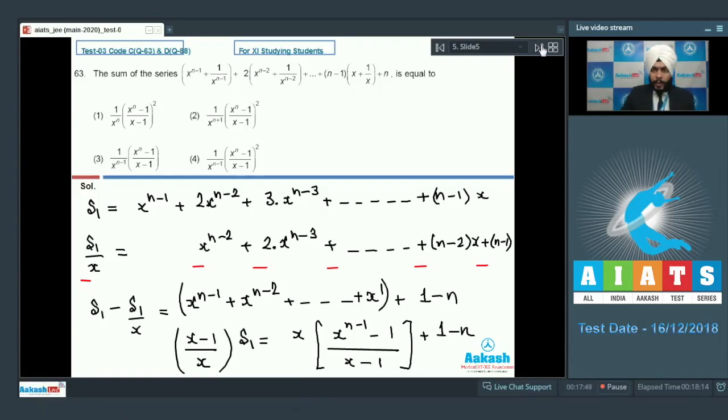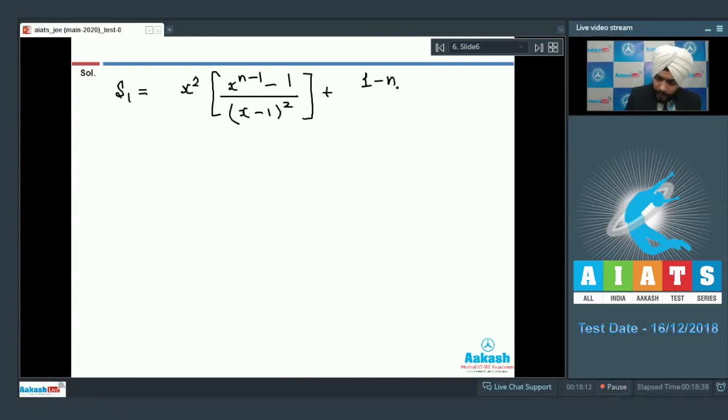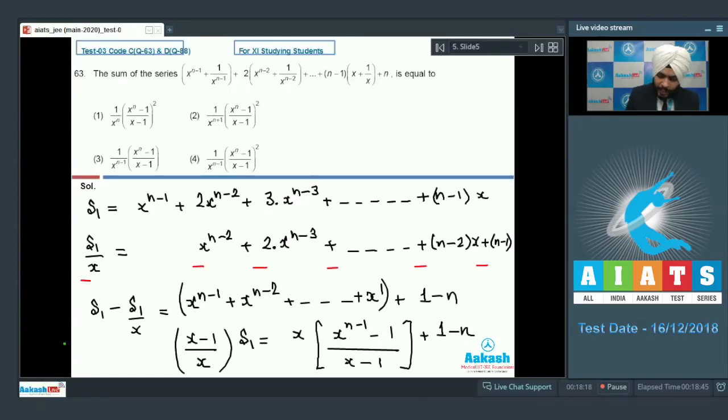From here, what are we going to get? We are going to get S1 is equal to x square x raised to the power n minus 1 minus 1 upon x minus 1 whole square plus 1 minus n into x upon x minus 1. Students, it is very obvious that if you replace x by 1 by x, you'll get the answer of second AGP, that is S2.